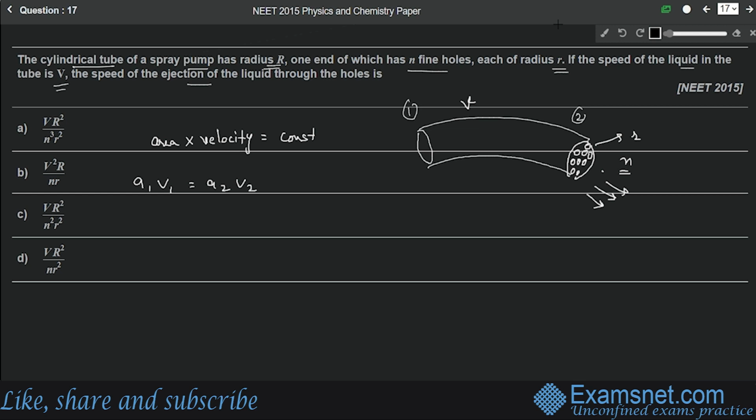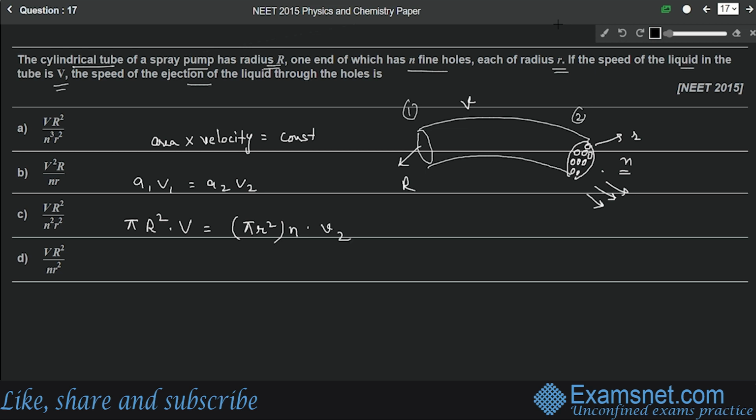The area of the first one will be pi capital R square, because the tube has radius capital R, and the speed of the liquid is v, as given in the question. On the side where there are n holes, the area of each hole is pi small r square, and this is multiplied by n into v2. So v2 we have to find out.